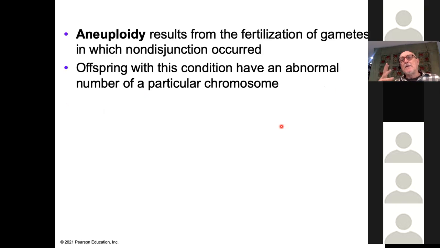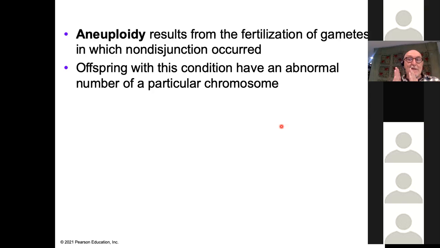Any sort of changes in number that are associated, especially with fertilization, with production of gametes during meiosis, and with production of the zygote, any changes in chromosome number is referred to as aneuploidy. And the commonest aneuploidies are actually differences in the number of a particular homologous pair. Either you end up with 1 instead of 2, or you end up with 3 instead of 2. Those are typical aneuploidies.